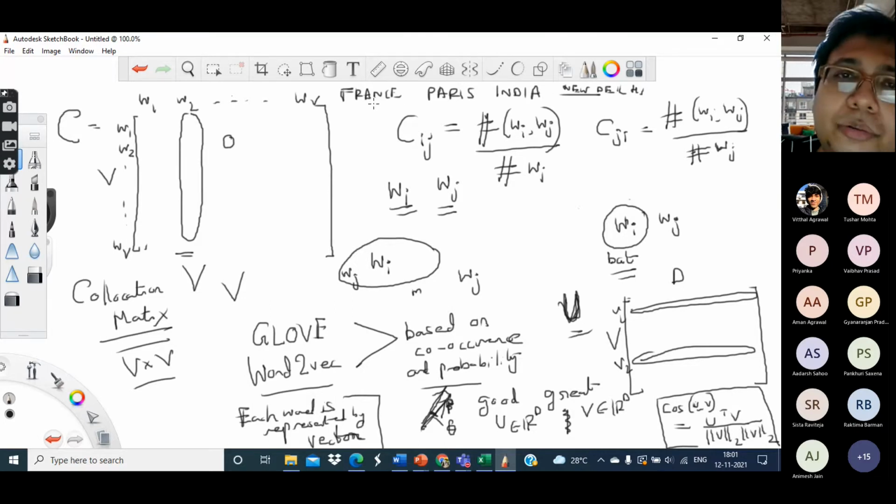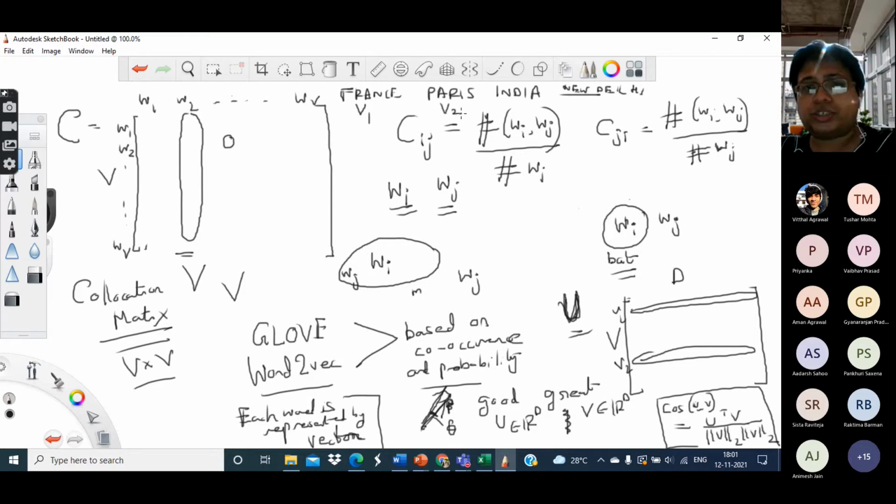Now people have actually carried out an experiment. Suppose the word France is represented by vector v1, which is a d-dimensional vector. The word Paris is represented by v2, which is another d-dimensional vector, and the word India is represented by v3.